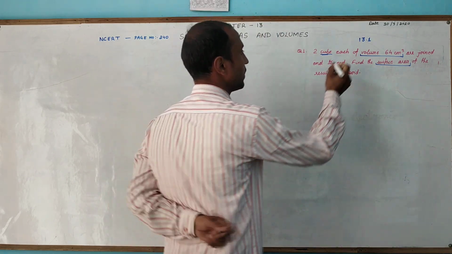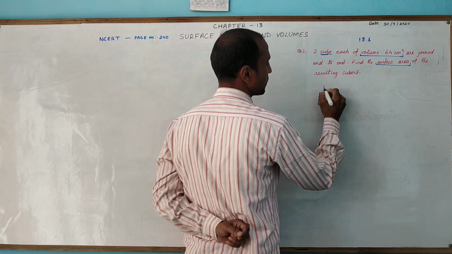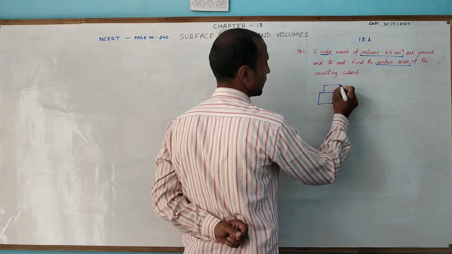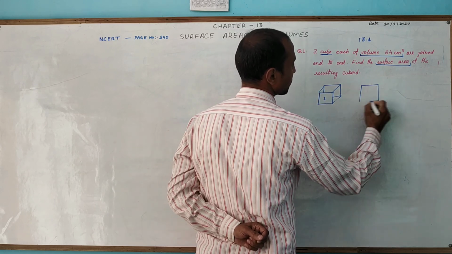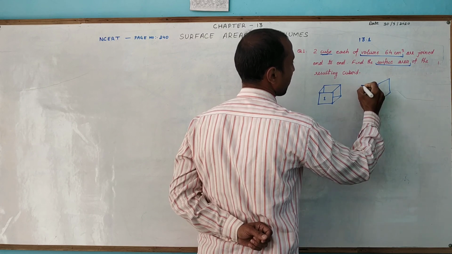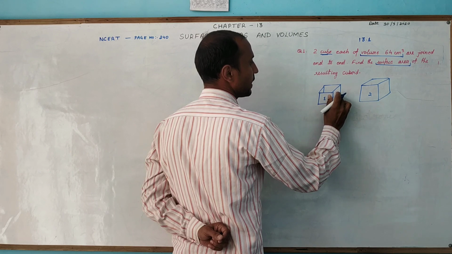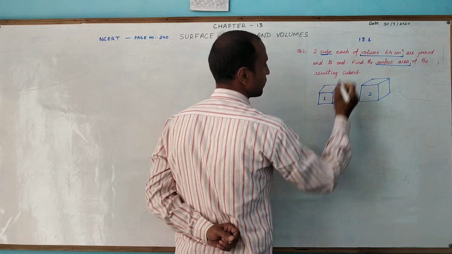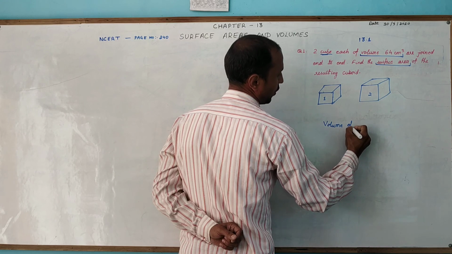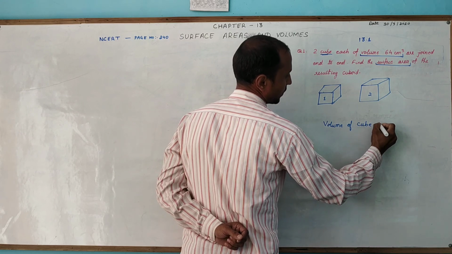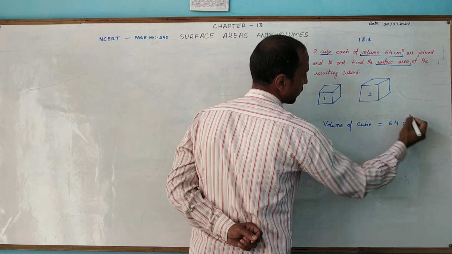First of all, the given information is that we have two cubes like this, cube number 1 and cube number 2. The given part is the volume of the cube, 64 centimeter cube.